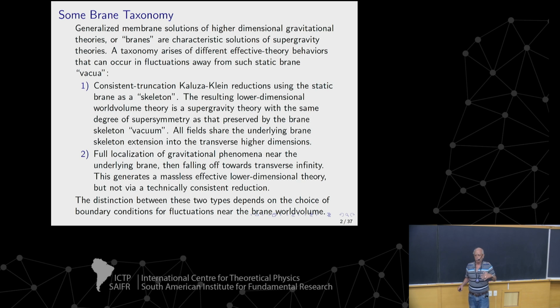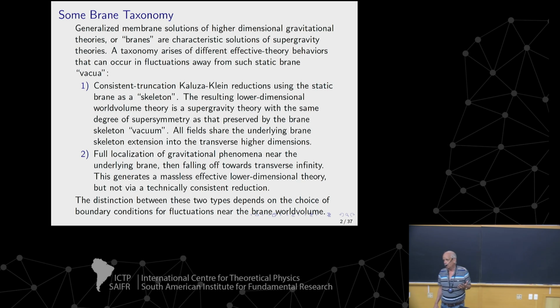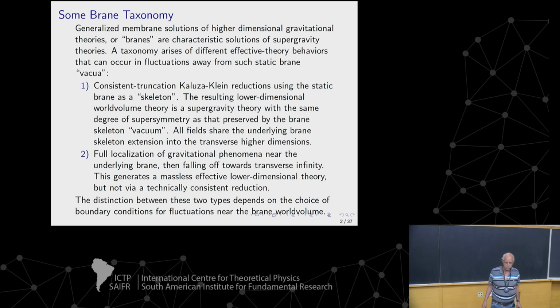On the other hand, these are second-order differential equations. The type 1 boundary condition is basically don't mess with the transverse dimensions. That's one boundary condition. But in second-order systems, there's going to be another, maybe interesting, solution. Another solution in any case may be interesting. And that's the other type of taxonomy, which in some circumstances gives a full localization of gravity phenomena near the underlying brane.